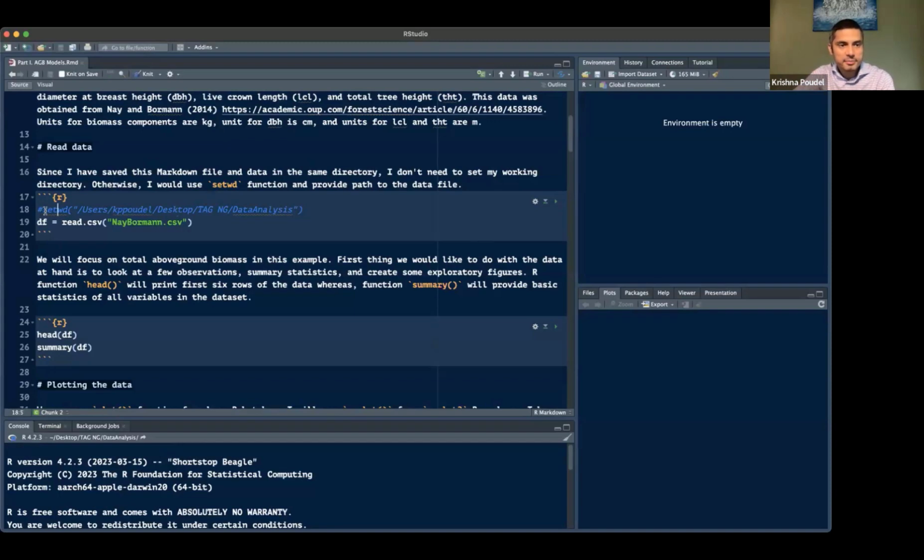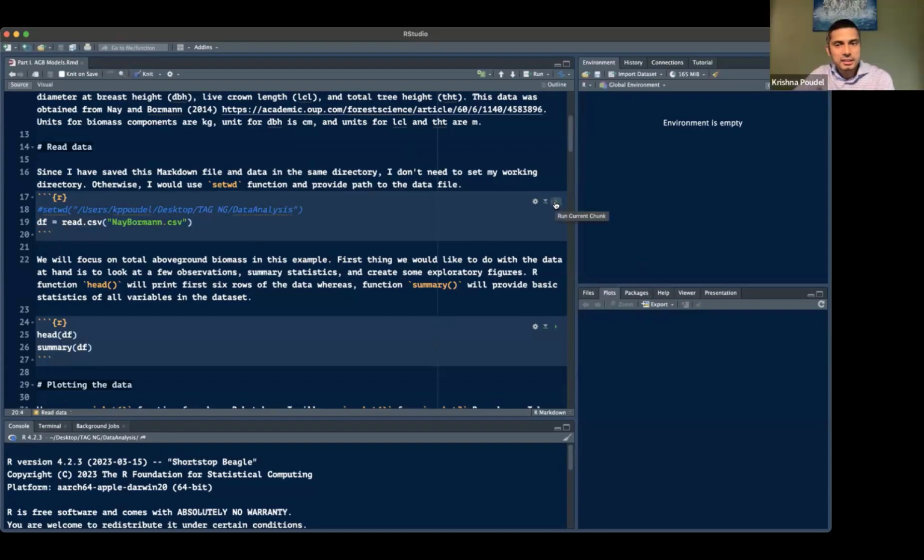Otherwise I would use setwd, for set working directory, and then provide the path name or location of that file. This is where I have saved this data, and I will be reading this data as df with read.csv for reading a CSV file.